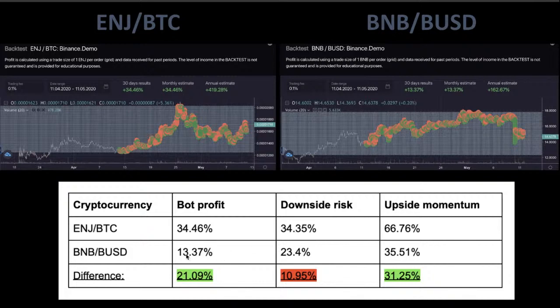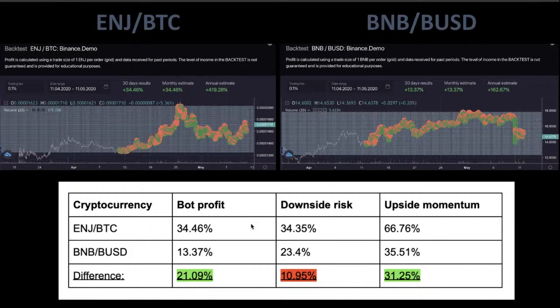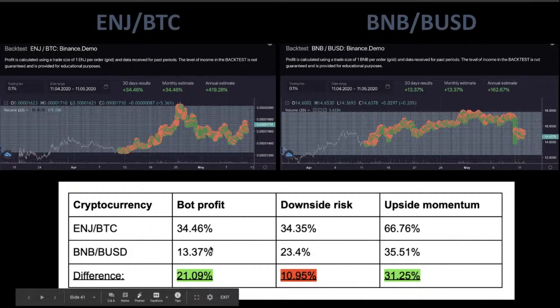But here, if we divide the BNB return by 23% of downside risk, clearly for a given 1% return, we must take a higher risk in comparison. So in terms of return to risk ratio, the first one takes first place and then BNB, because for a given 1% return, we must have taken higher risk.